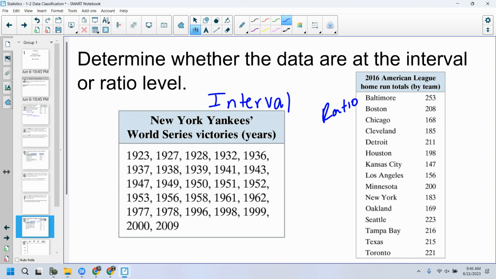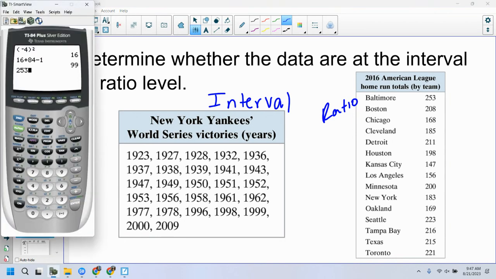250, 147. That's okay. But take Baltimore and Kansas City. If I took 253 and divided it by Kansas City's 147, I know that Baltimore has 1.7 times as many home runs as Kansas City.